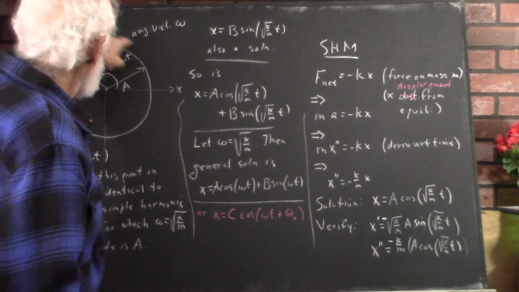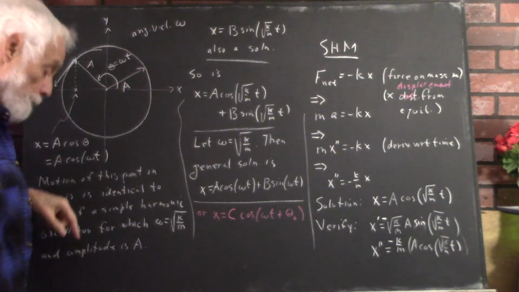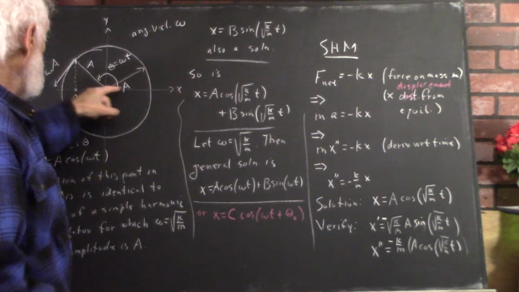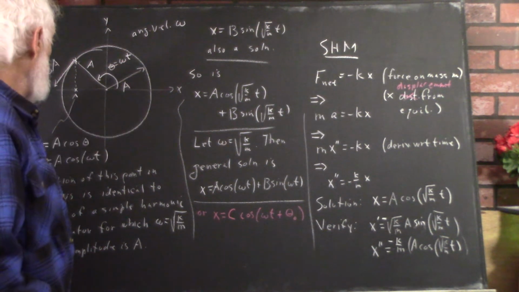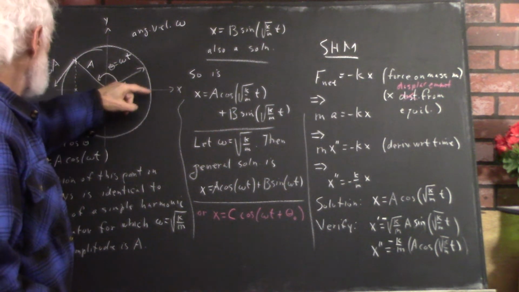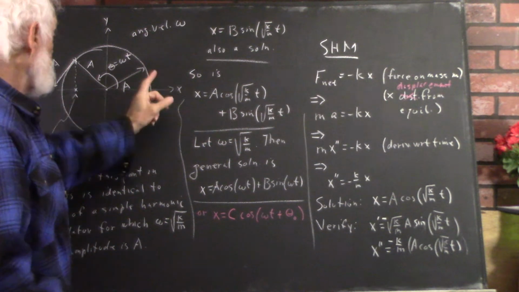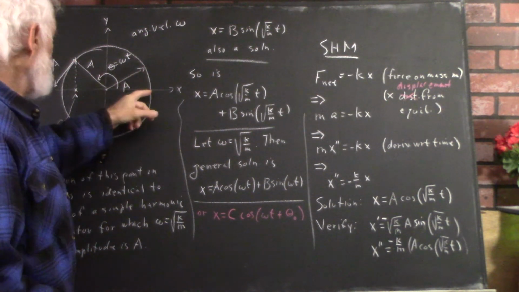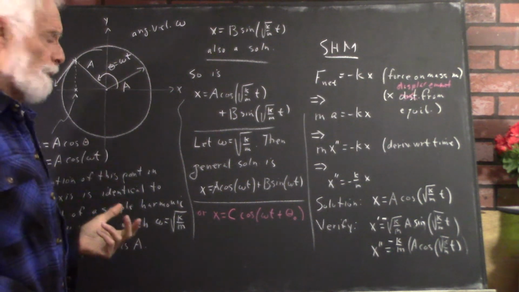Similarly, if we wanted to do the y projection, y would be A sine of omega t. Now, as the writer moves around the circle, the x-coordinate goes from here, over to here, and over to here. When you're on the part of the circle close to the x-axis, the writer's motion is mostly in the y direction, so there's not much change in x.